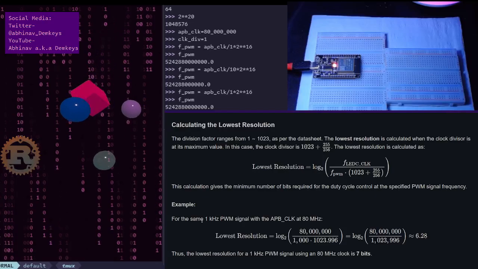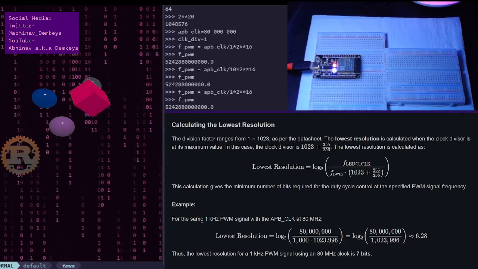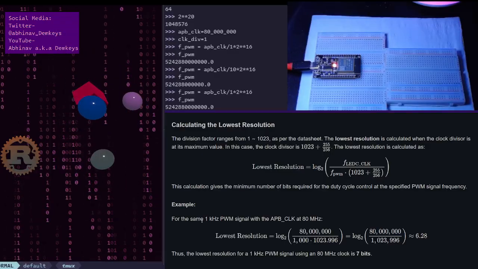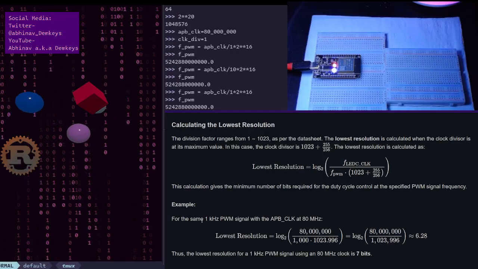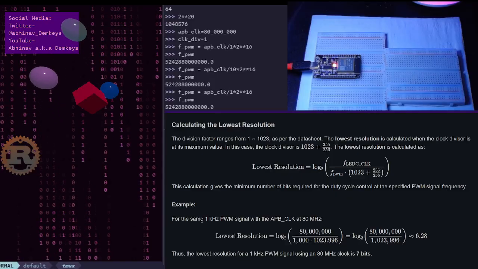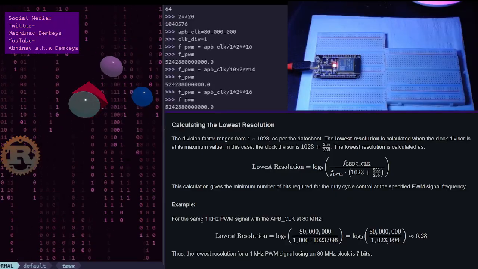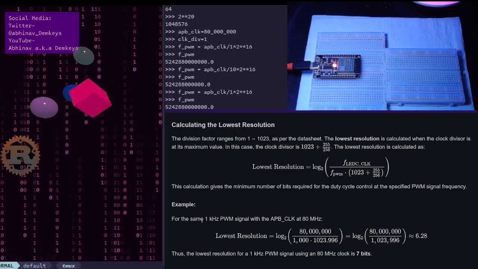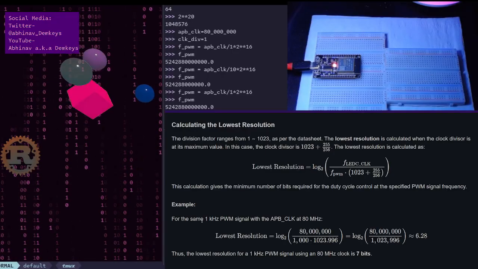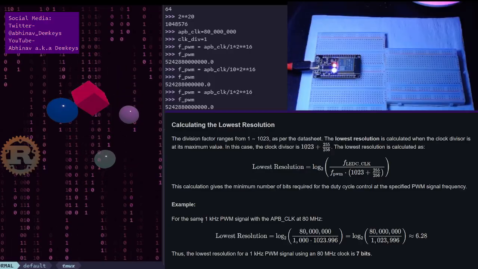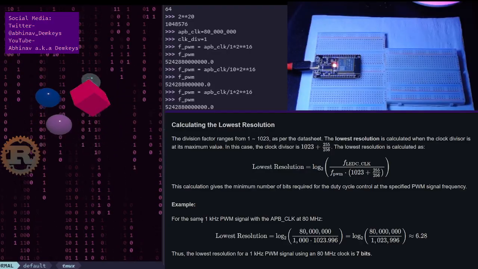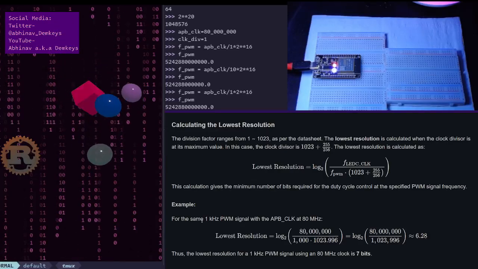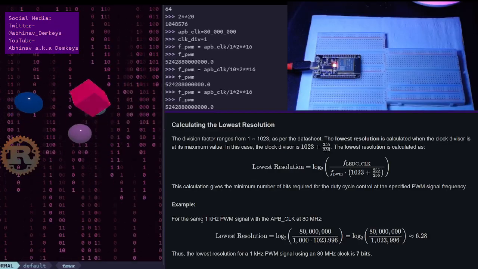The lowest resolution is calculated when the clock divisor is at its maximum value. In this case, the clock divisor is 1023 plus 255 divided by 256. So the lowest resolution is calculated as so and so.